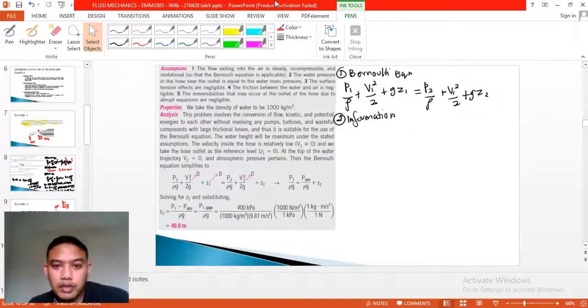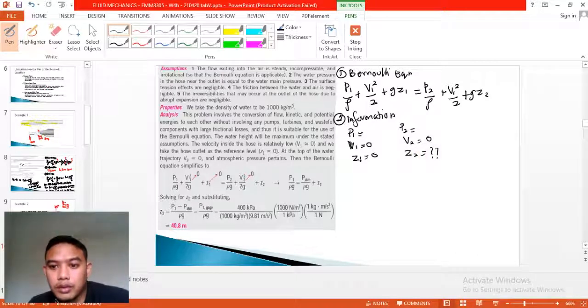So from this info we know that P1 has a value, V1 is equal to 0 and Z1 is equal to 0. For point number 2, P2 has a value, V2 is equal to 0 and Z2 is what we want to find.